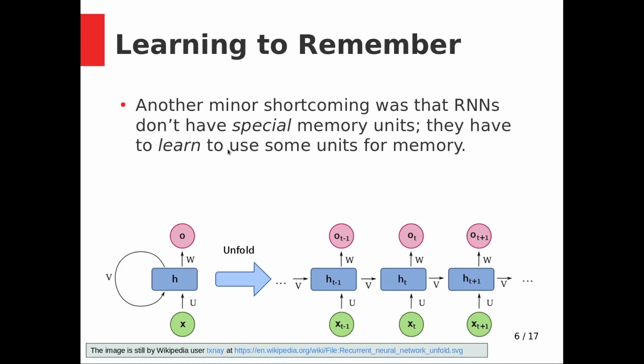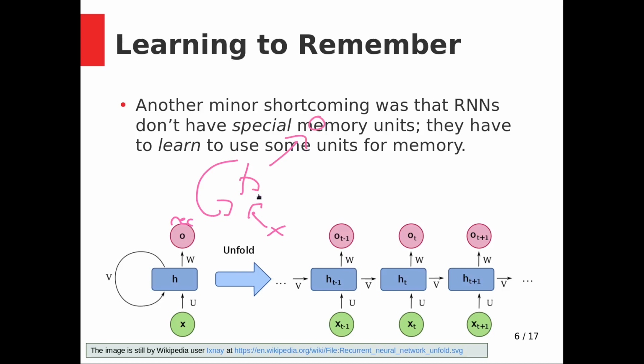A final problem, or if not exactly a problem, because mathematically, is that they don't have special memory units. So every unit H gets one input from the input and one recurrent input. And every unit H has one output connection and one recurrent connection.